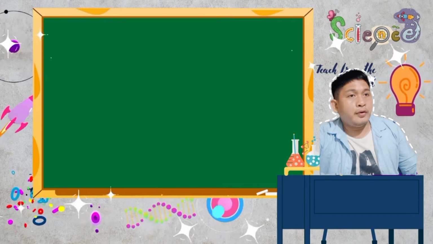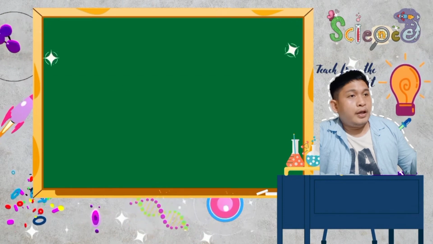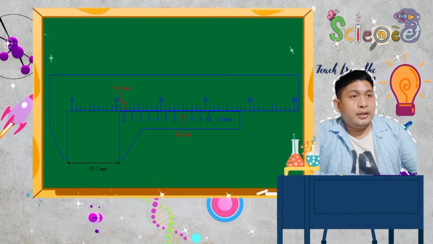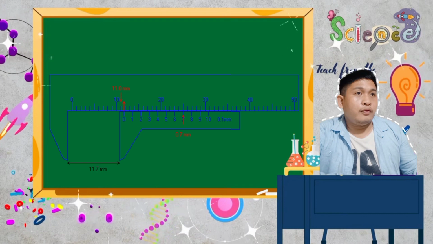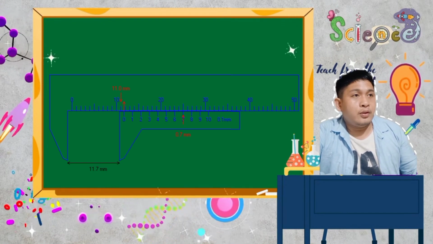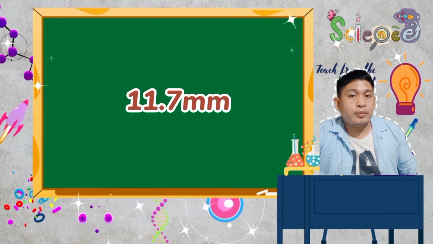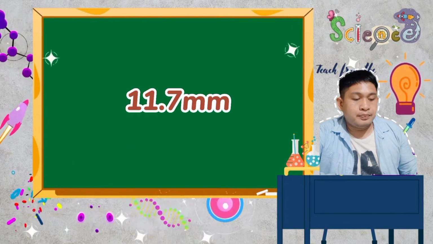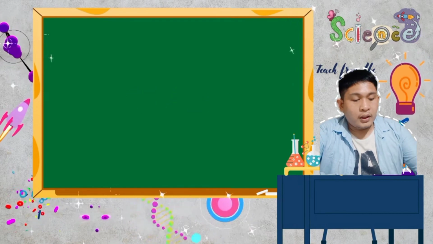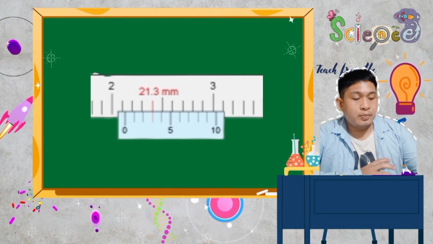I also have another example in our presentation, where we have 11 mm on our main scale and 0.7 mm on our Vernier scale, which we add to come up with an answer of 11.7 mm. Then we have another example.